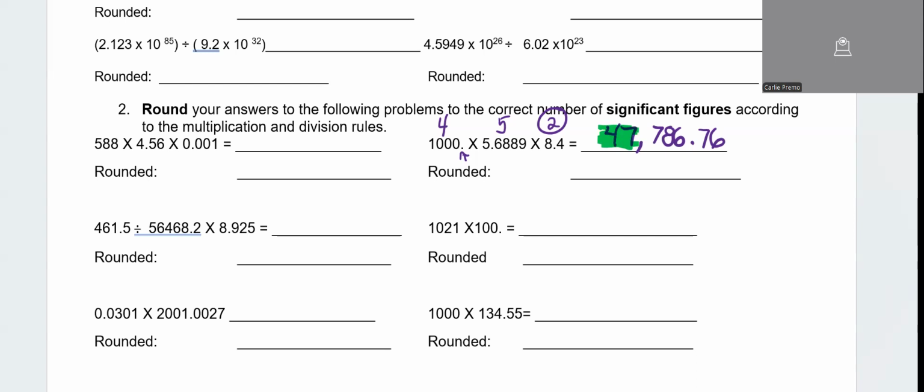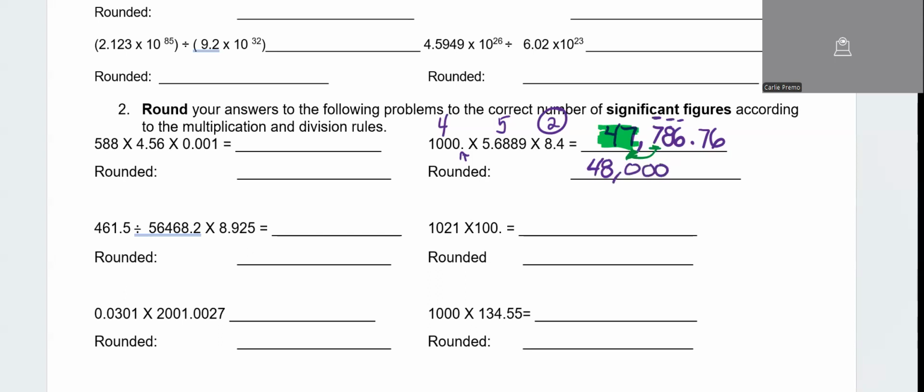Then I look kind of over here at this next number, which is a 7. So unlike the last 2 examples I've given you, this number is above 5, which means it needs to bump that 7 up a digit. So instead of 47,000, it becomes 48,000.